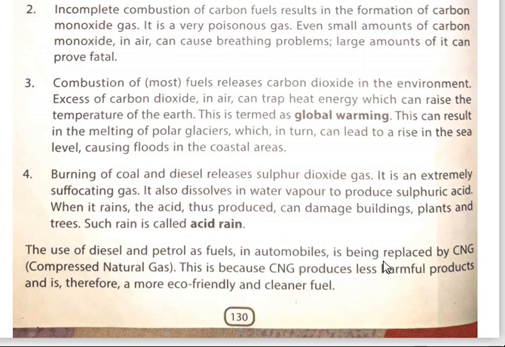If we use CNG, it is comparatively better than the others because it produces a smaller amount of harmful gases, rather no smoke. Okay, and it is very good for us. So we should try to change or replace our fuel with the help of CNG or LPG. That is comparatively better for our environment.